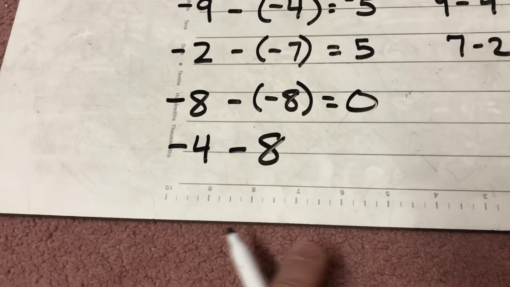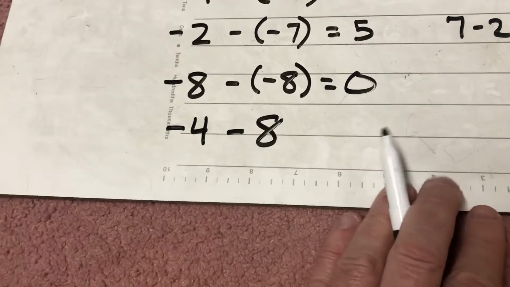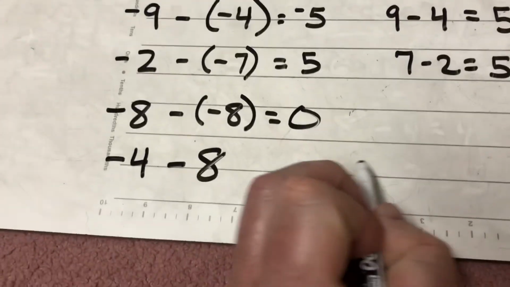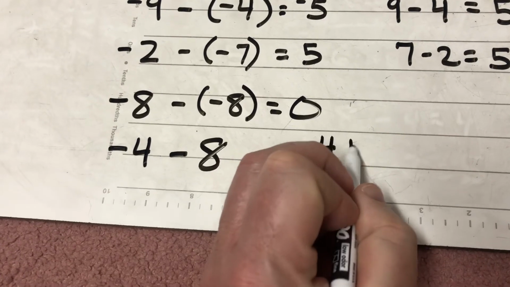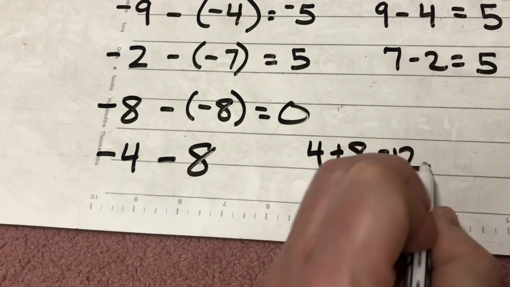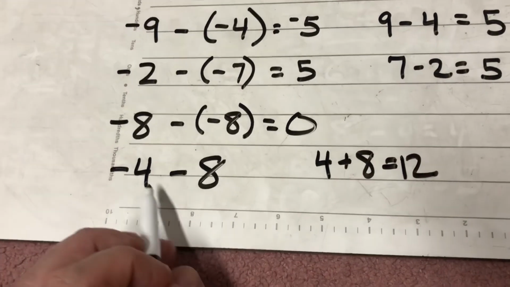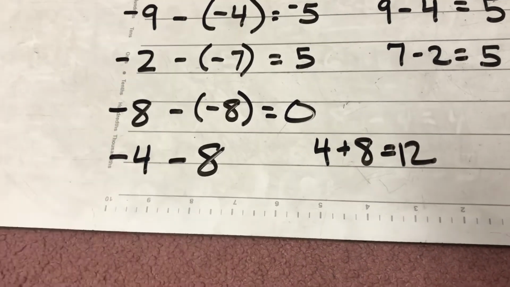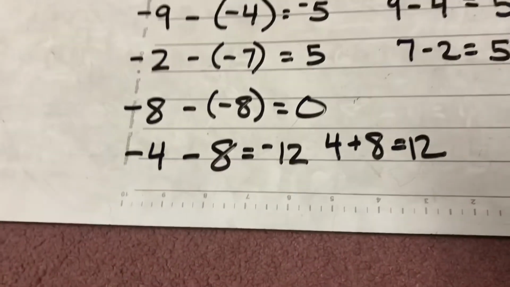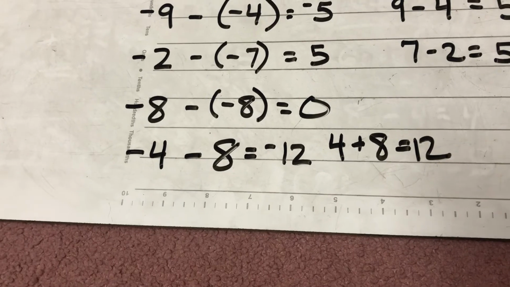When I have negative 4 minus 8, I'm already in the negative, and now I'm losing 8 more. So really all I have to think about is 4 plus 8. I know that 4 plus 8 equals 12. But since this is negative 4 and I'm subtracting, I'm going even more negative. My final answer is going to be negative 12.